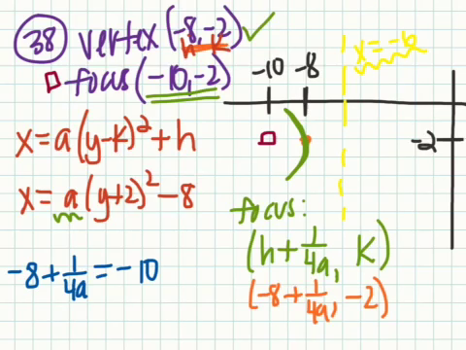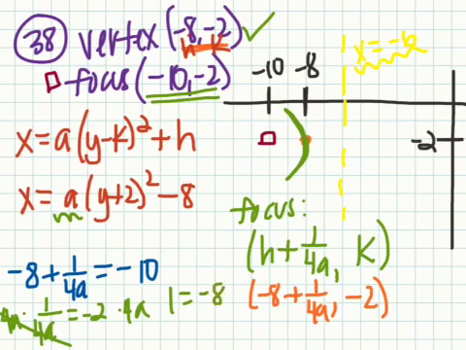This allows us to solve for a. If we add 8 to both sides, we get 1 over 4a is equal to -2. Multiply both sides by 4a. So 1 is equal to -8a. Divide both sides by -8, and that's our a value: a is -1/8.